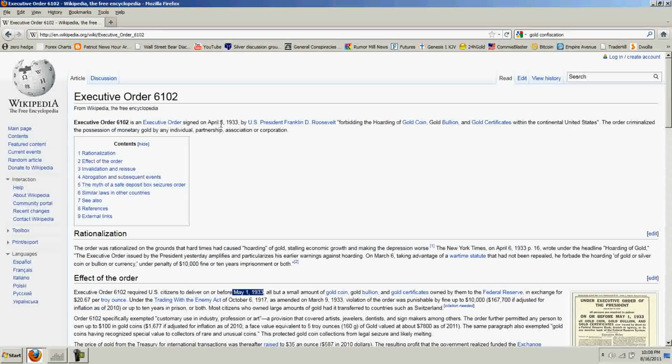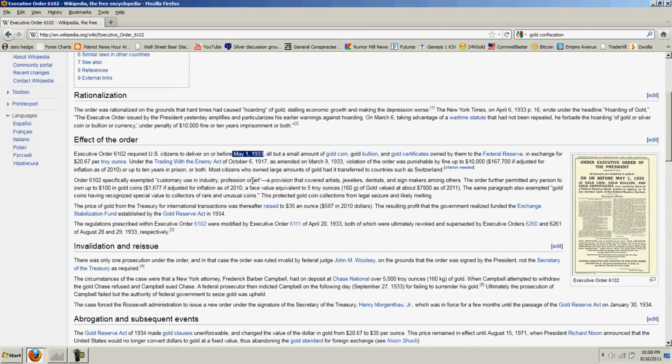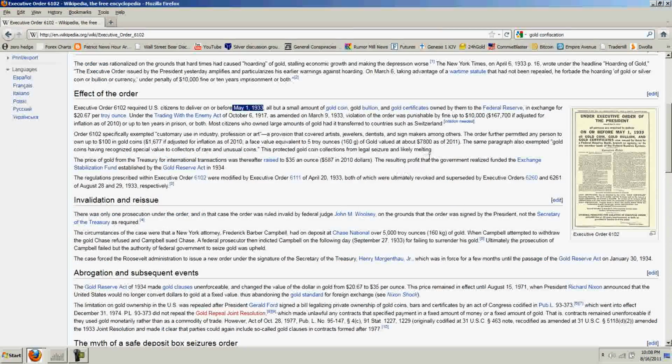So you could have gone in on April 6th, turned in your gold for $20.67 per ounce and turned right around and bought, and you can see what's exempted here: artists, jewelers, dentists, and sign makers were exempted, and collectors of rare and unusual coins.